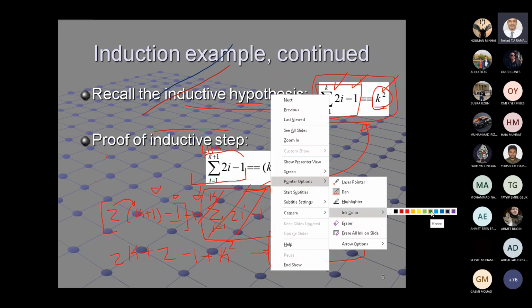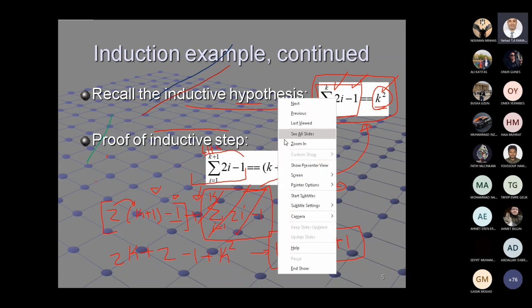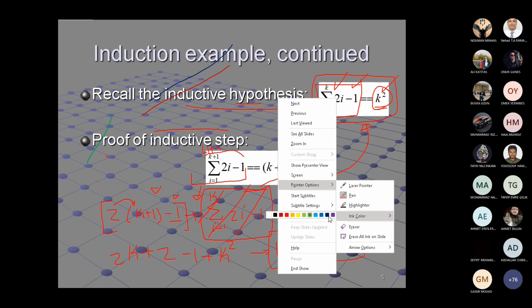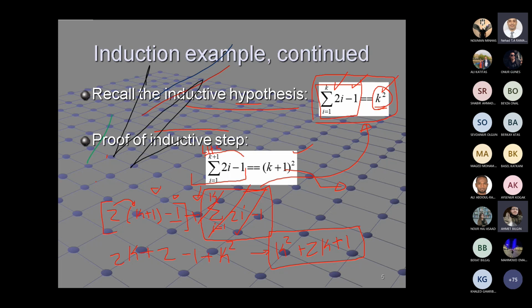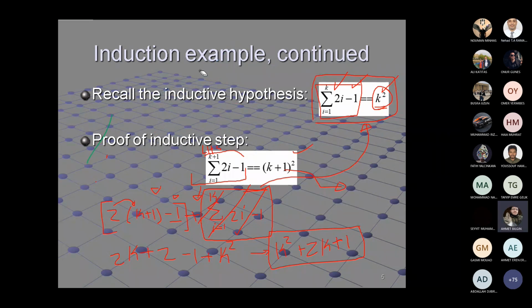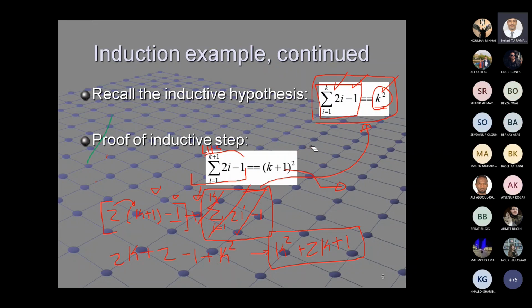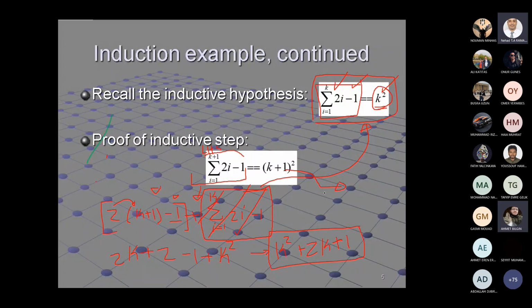Which color could be better now? Because the background has blue, so I feel maybe the black color could be better. Sir, I guess the black color. Yes, I think the best choice is black color, because I see that the red color has a little bit of conflict with the background. Yes, so I will use the black color.